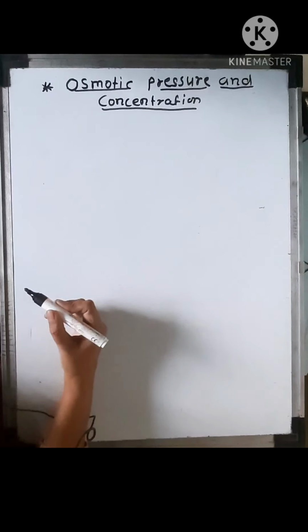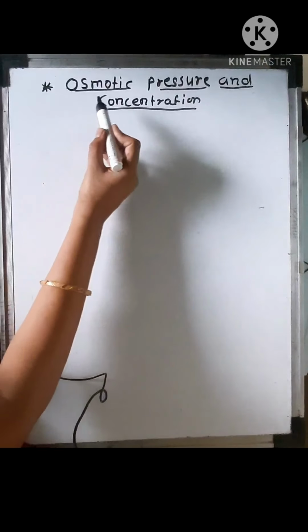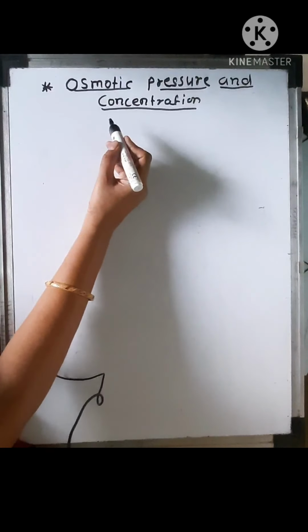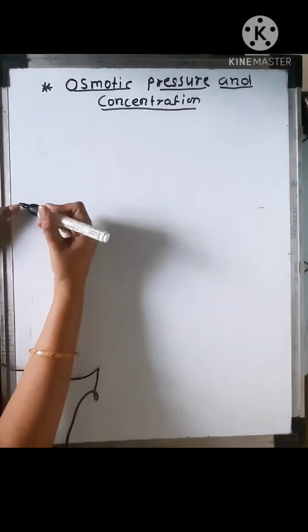Depending on the osmotic pressure there are three types of solutions: isotonic, hypertonic and hypotonic. Now in this video I will teach you the relation between osmotic pressure and concentration.